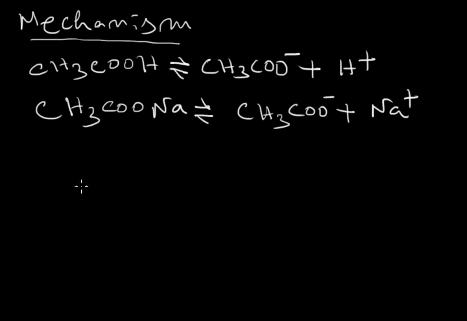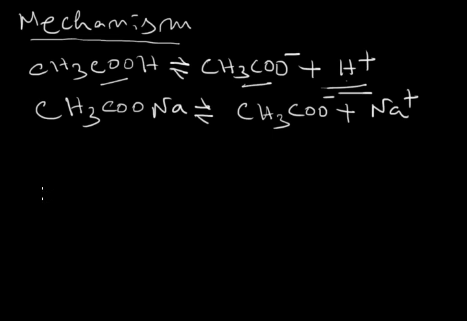Now, if you add a small amount of acid from outside, then the concentration of H plus will increase. But according to Le Chatelier principle, the system will try to make the concentration of H plus constant. How can it make the concentration of H plus constant? The H plus ion will react with acetate ion to form undissociated acetic acid.